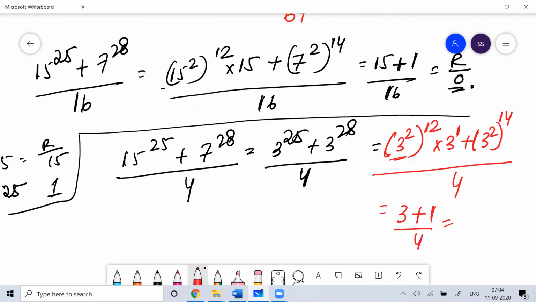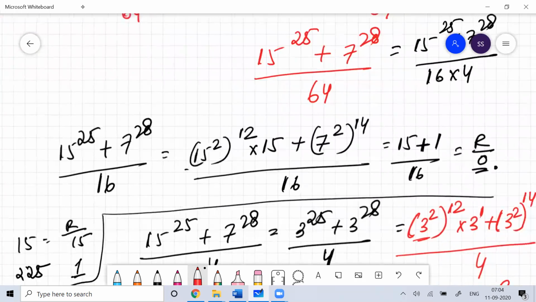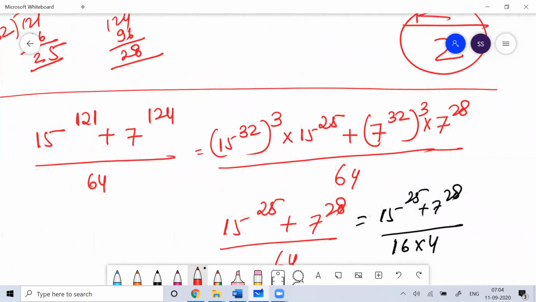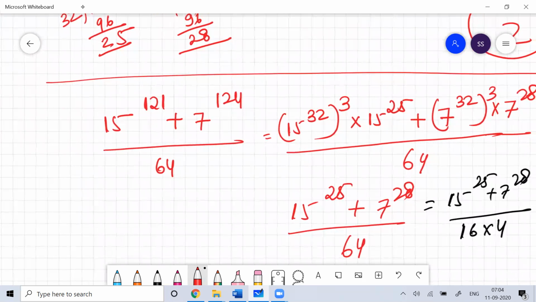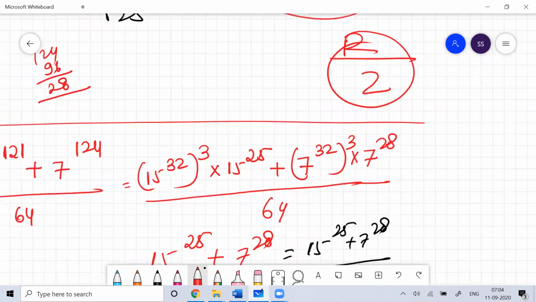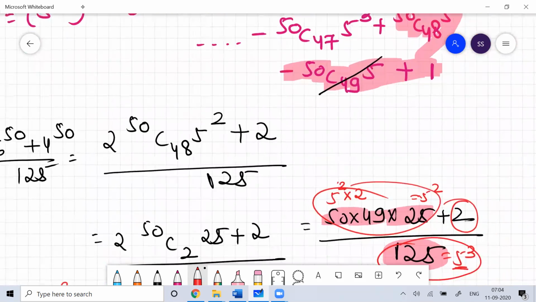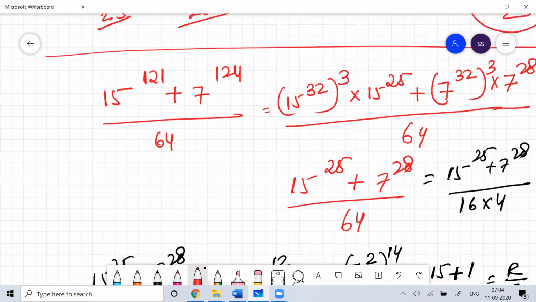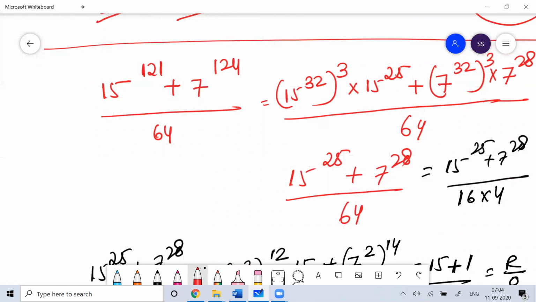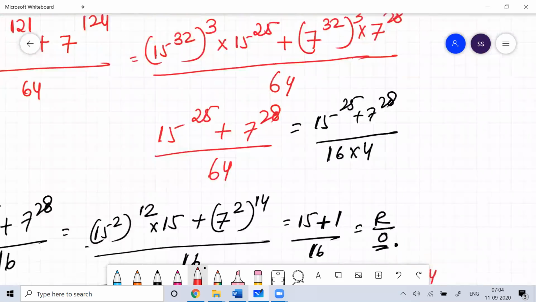So again here you're getting a remainder called 0, and with 16 also you're getting remainder 0.